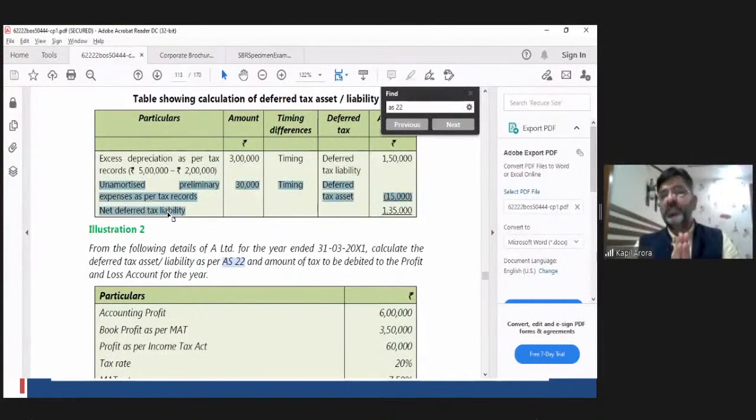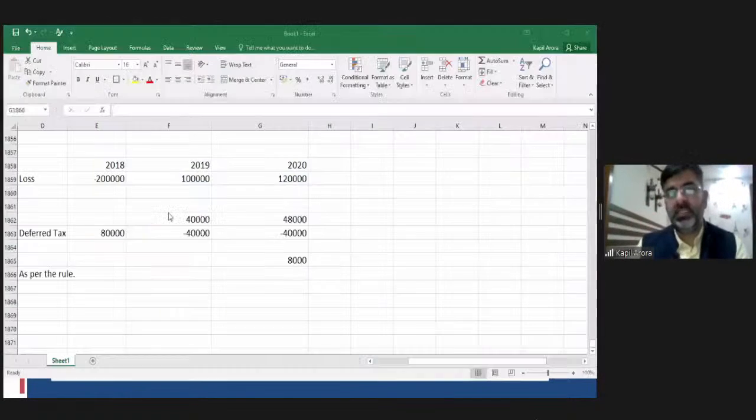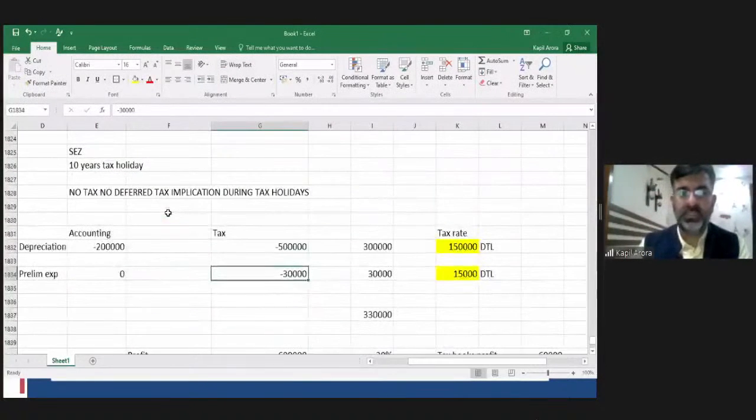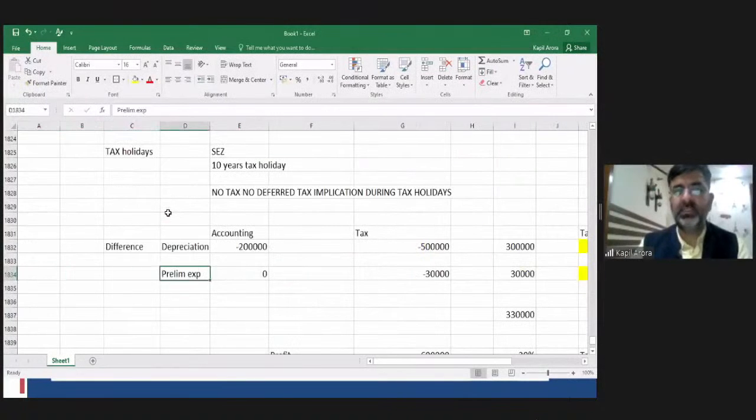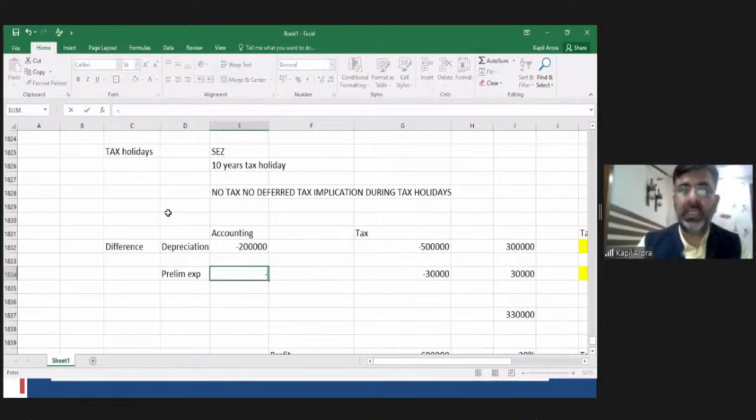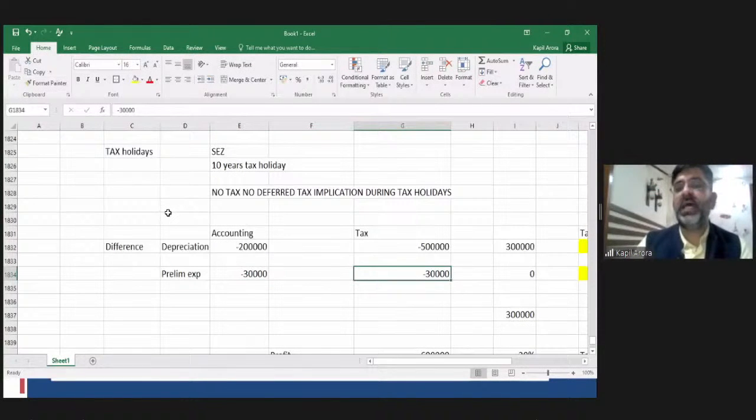What we were trying to say is that something has already been allowed in the accounting, but my tax rules have not yet allowed me that thing. So as per my point here, accounting has allowed me this thing here, but tax books is not allowing me this thing here.